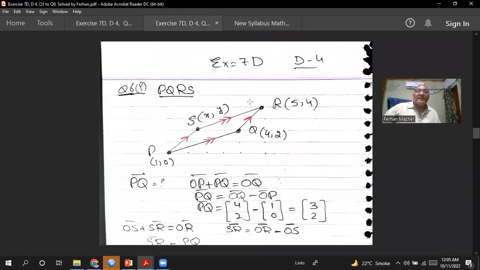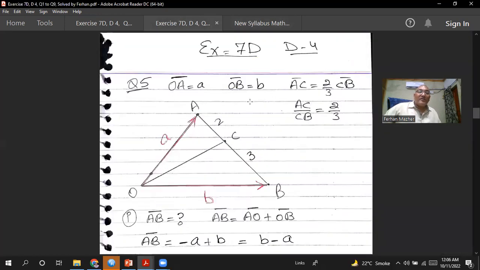So AB will be equal to A to O plus O to B, which is minus a plus b, so it will be b minus a. So this is how you will find the AB.